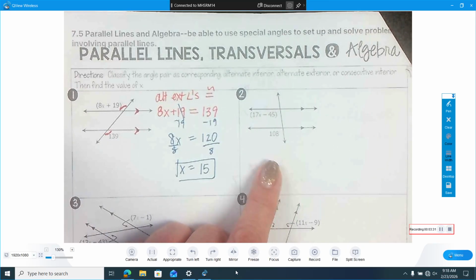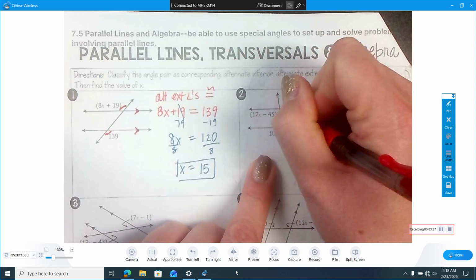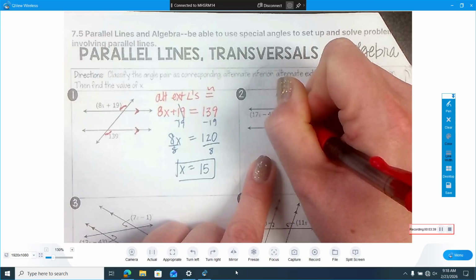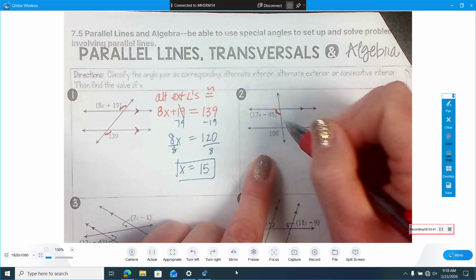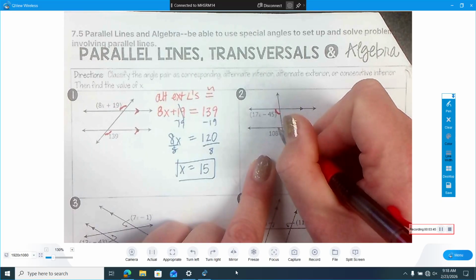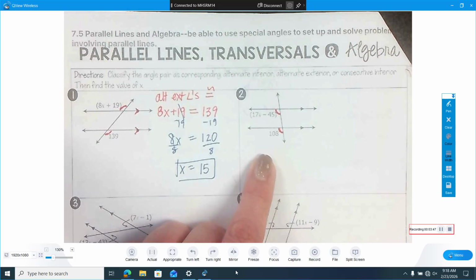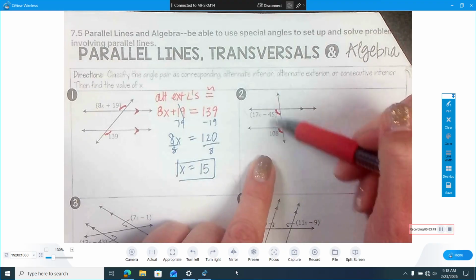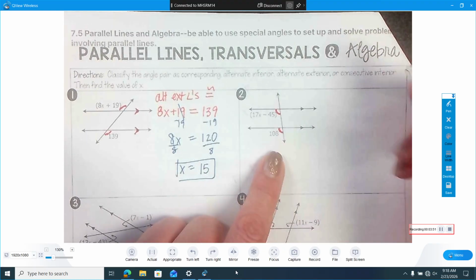Let's look at number 2. Again, first we have to figure out the relationship. So 17x minus 45 is this angle right here, in the lower left position, and 108 is also in that lower left position. What's the special name for these two angles?